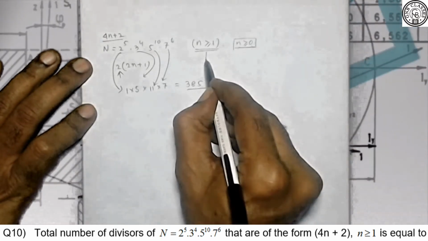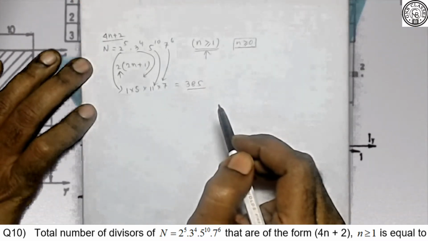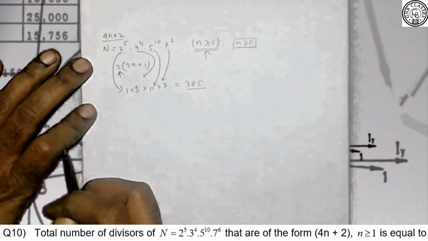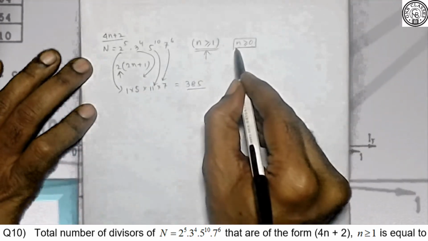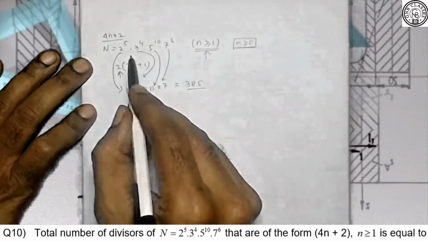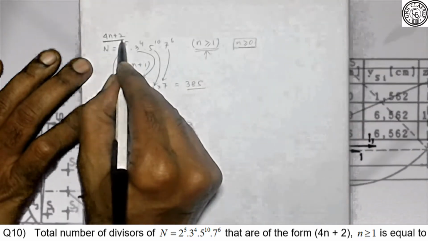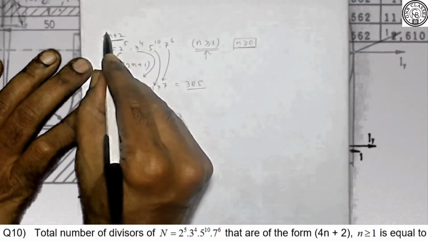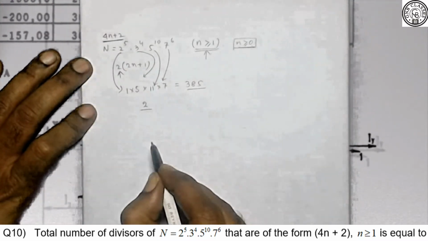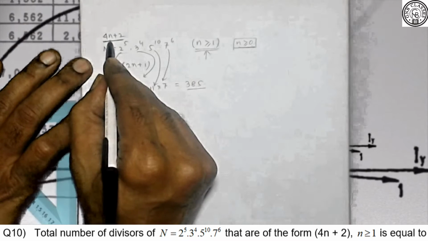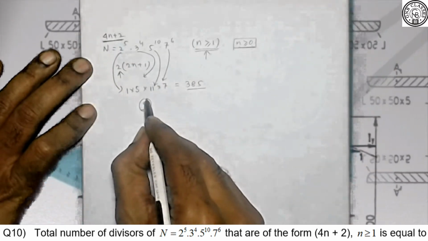But in this question they have said that n starts from greater than or equal to 1. Now look carefully. If n is equal to 0, the first number of the form 4n plus 2 will be 2. Yes or no? Because if n is 0, it will be 4 into 0 plus 2. So the first number will be 2.